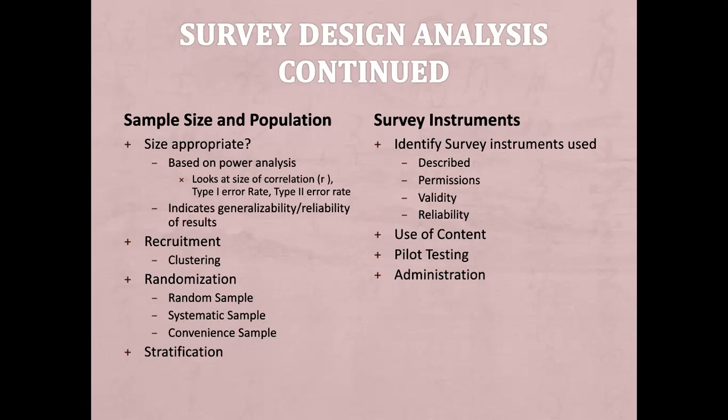So maybe you survey every fourth person that walks into a room, or you survey every fifth house in a line. And then there's convenience sampling, which basically means that individuals are chosen to participate in the study because of their accessibility or convenience as far as their relation to the individuals doing the study.